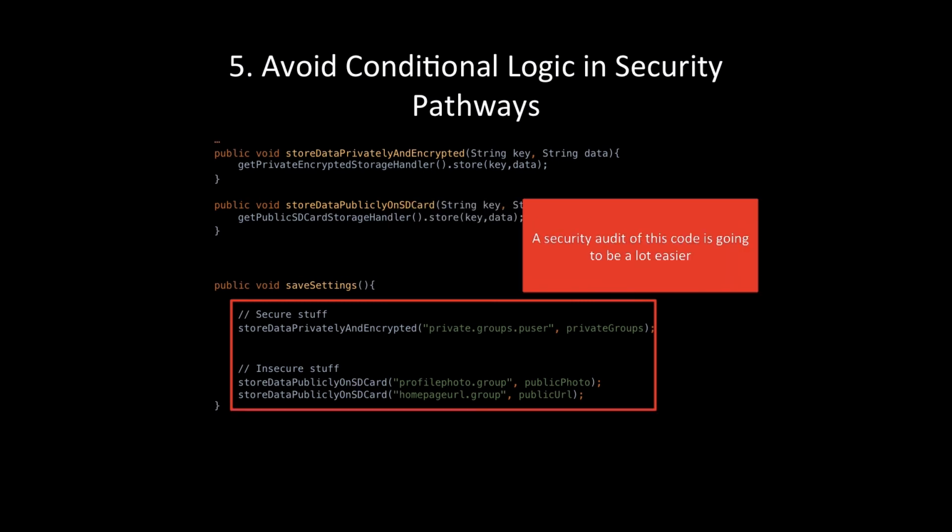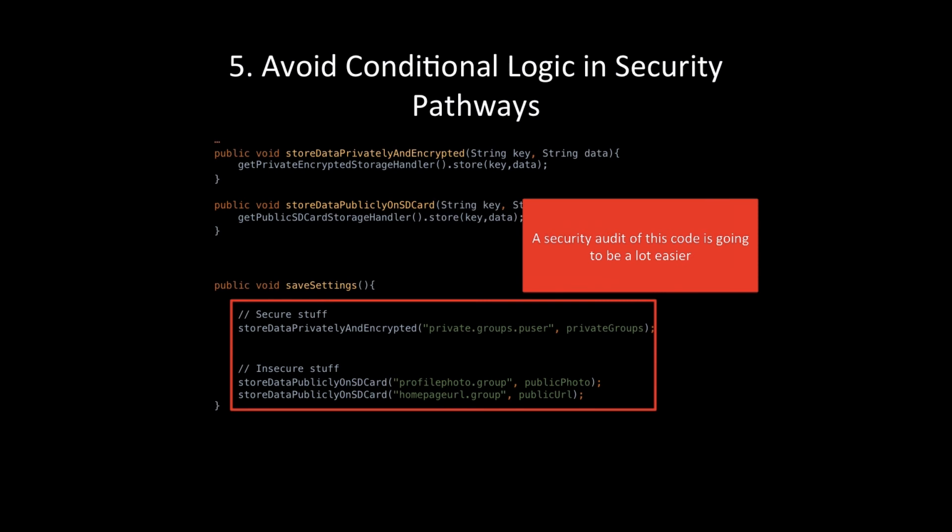So we're making it harder for users of our code to make mistakes when they are building around our security abstractions. Another very important point is if we go and look at places where our API, our abstractions are being used, suddenly it becomes very obvious what's going on at an even greater level of clarity than we had before with our security level approach. Suddenly we can see that the private groups are being stored in a way that is both private and encrypted.